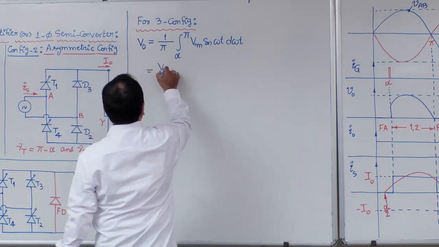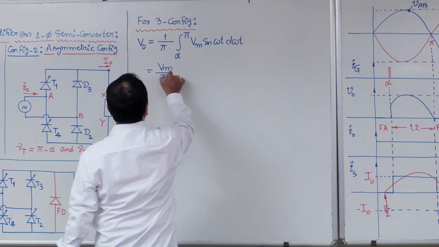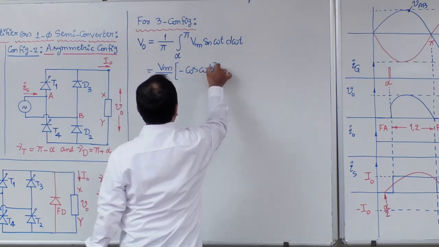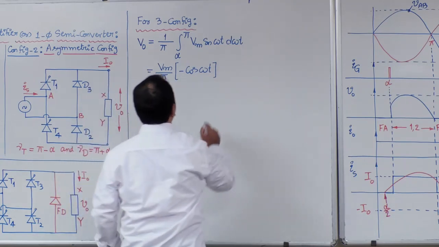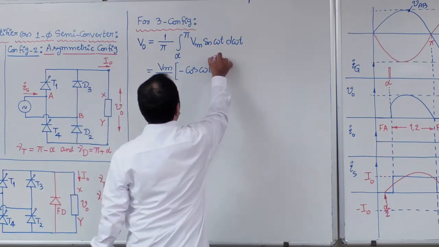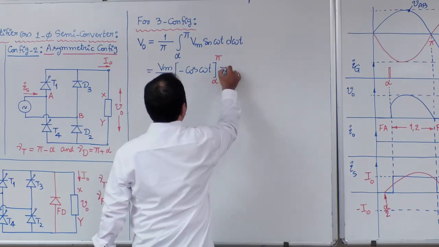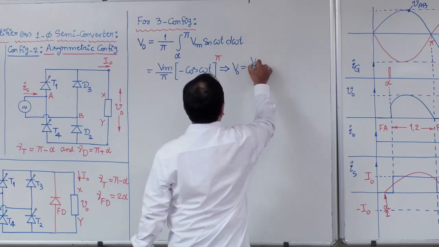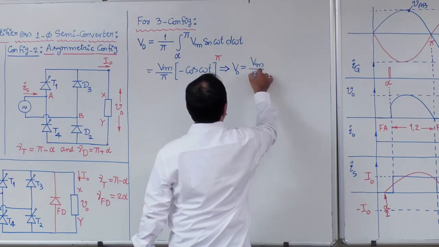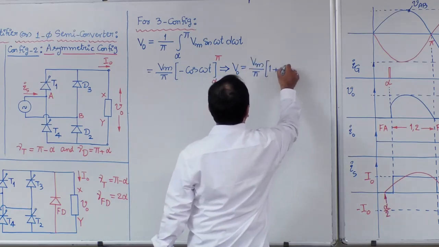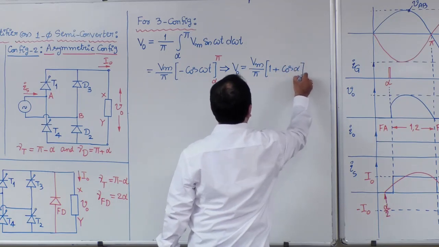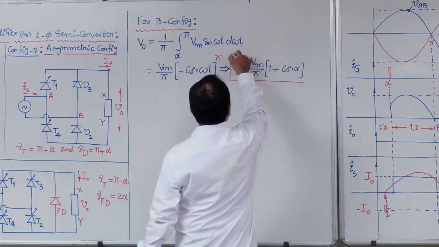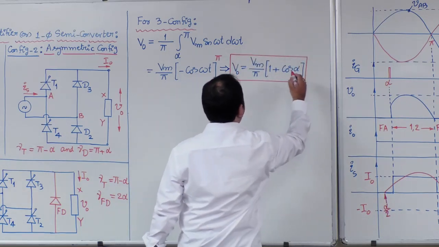Therefore, Vm by pi, integration of sin omega t is minus cos omega t, with limits from alpha to pi. Therefore, we will get V0 equal to Vm by pi multiplied with 1 plus cos alpha.